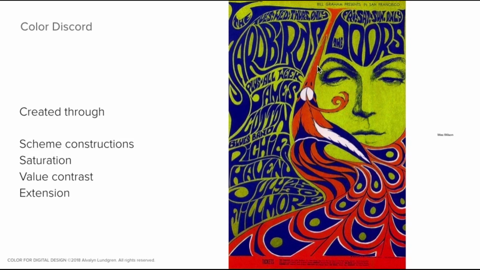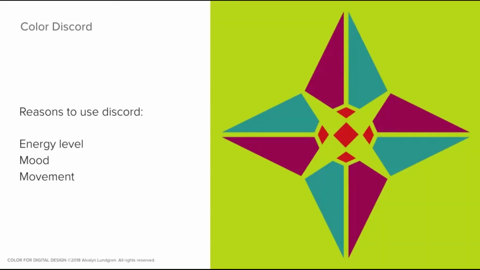This has a good amount of value contrast, but we could reduce the contrast, make the blue lighter, and there would be a lot more visual complementary or simultaneous vibration going on. And then the extent of the color. The colors that are most difficult to visually process are the colors that you will use more of in the design. So when do you want to use color discord?